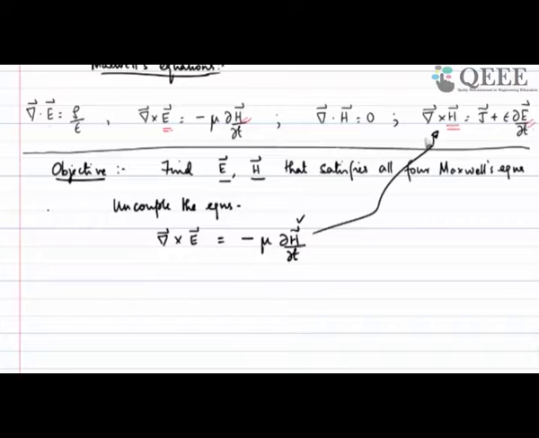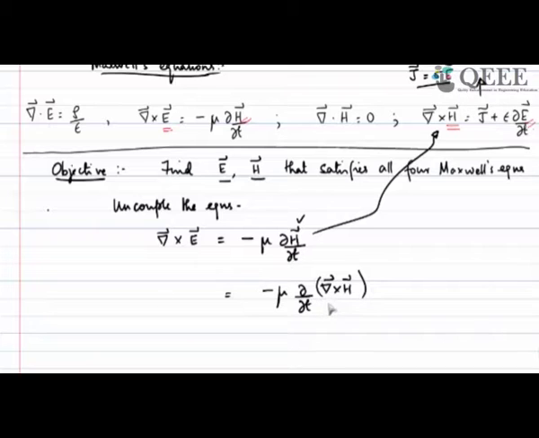So I want to be able to substitute for curl of H in terms of E. So I want to get something like del by del t of curl of H on the right side, so that I can substitute this in terms of E. By the way, my J is sigma E, which is my Ohm's law. So I can get everything in terms of E.